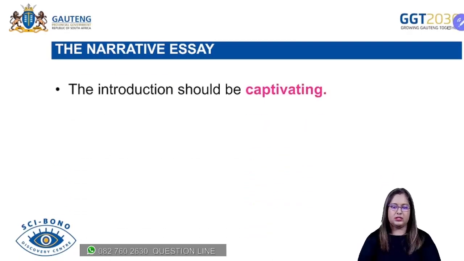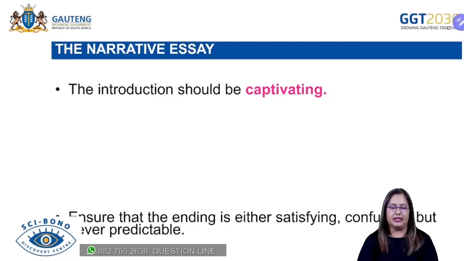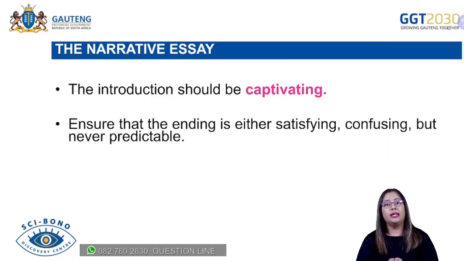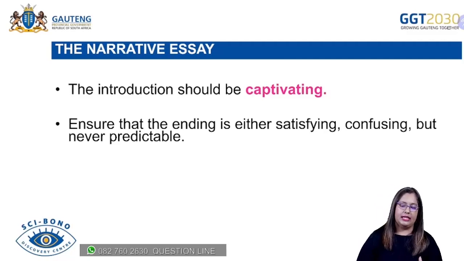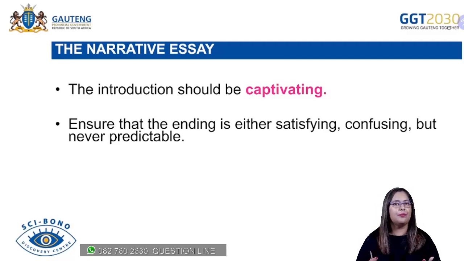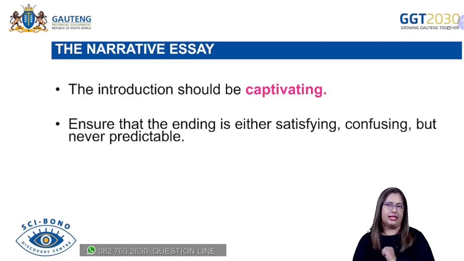Okay? Also, remember, the introduction must be captivating. And when we're looking at the ending, the conclusion, please, grade 12s, it is either satisfying or confusing. But it must not be something that I'm going to, in my head, get an idea that this is how the learner is going to conclude the essay.